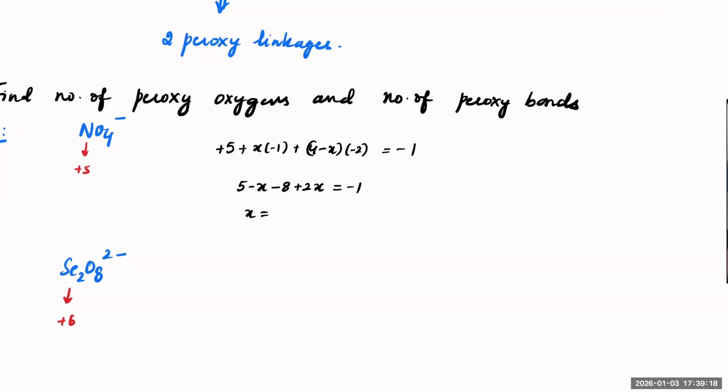So x will be equal to 2 here, correct? So the structure should be something like this. Double bond O out of 4, double bond O. In fact, nitrogen cannot have so many double bonds. It is basically a dative bond. I'll explain that later on. This is how the linkage must have been, NOO minus. So which means this oxygen and this oxygen, both of them are peroxy linkages.